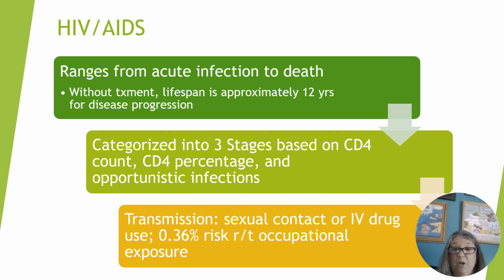All right. So one of three stages based on the individual's CD4 lymphocyte count, CD4 percentage of total lymphocytes, or the presence or absence of certain infections commonly found in individuals with a compromised immune system, an AIDS defining condition. So there are diseases that specifically indicate that a person has progressed onto AIDS.